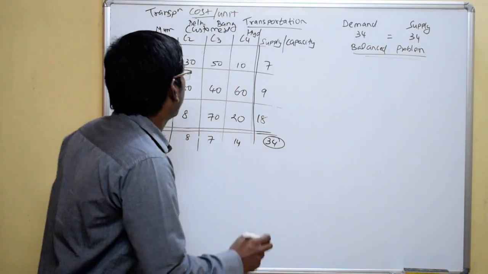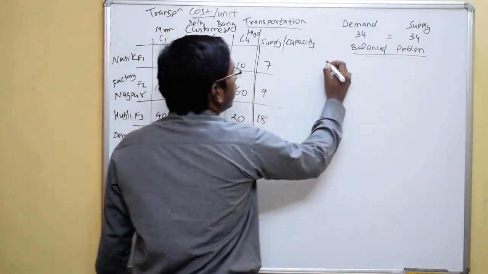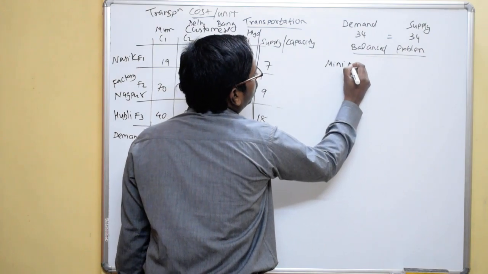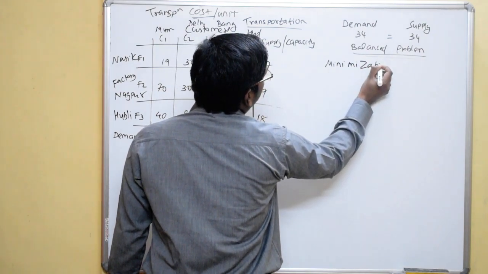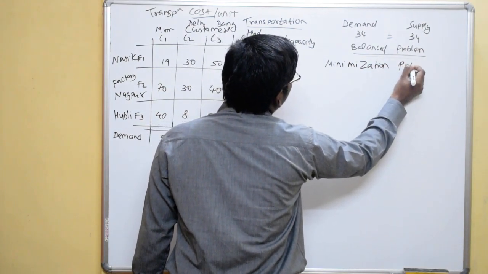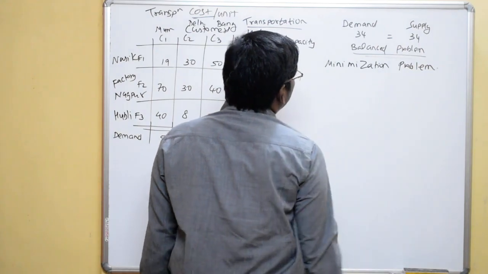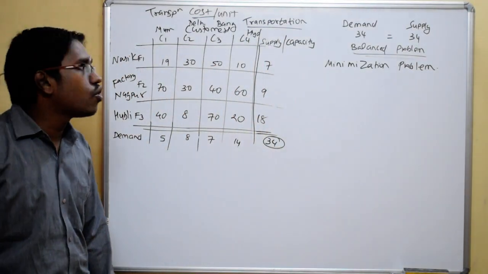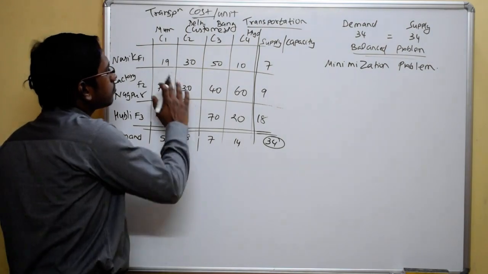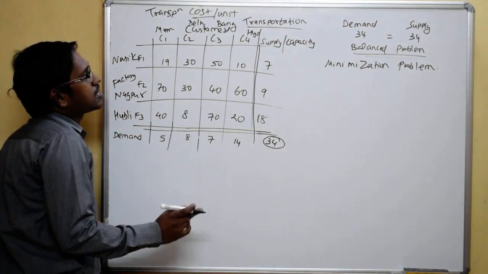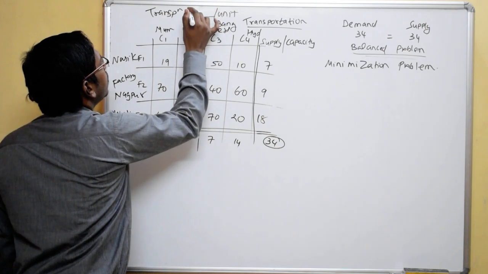Therefore, in this topic, when you are given a cost matrix, it is very clear we are referring to the concept called a minimization problem. However, let's assume the same figures are not cost, but profit per unit.